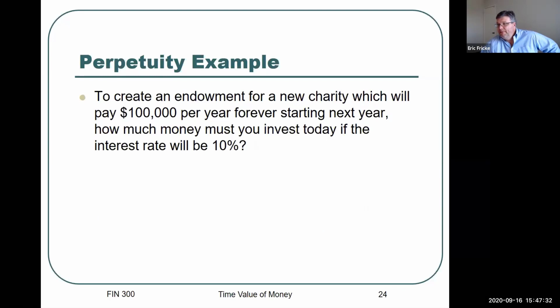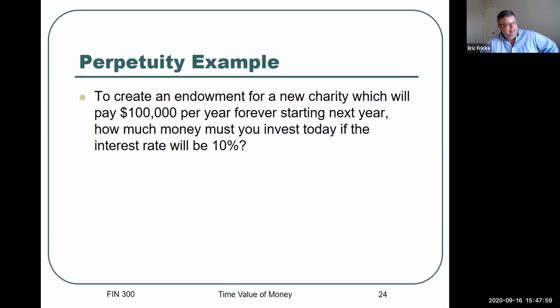Let's do an example. Suppose we wanted to create an endowment for a new charity, which will pay the charity $100,000 per year forever. So that's the idea behind endowments, and a lot of nonprofit type investments are set up like this. This is an endowment for a charity.